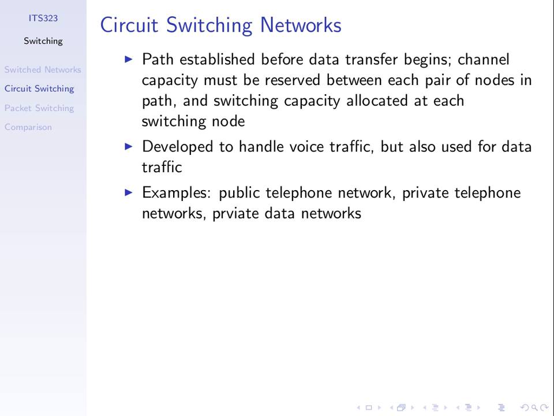So banks have in the past connected all their offices and their teller machines via their own private circuit switch network, where each teller machine creates a circuit back to some central office for the bank and transfers data about the exchanges when people withdraw and deposit money. So an example where circuit switching has been used in private data networks.